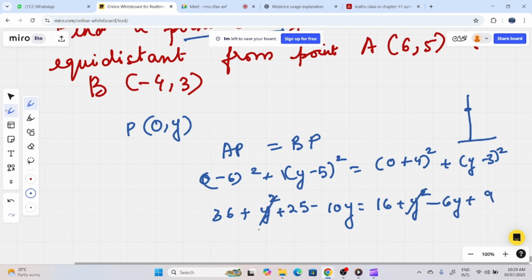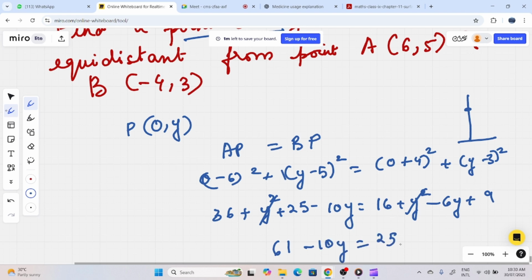Guys, are you able to do it? Then I don't have to do it. 61 minus 10y.